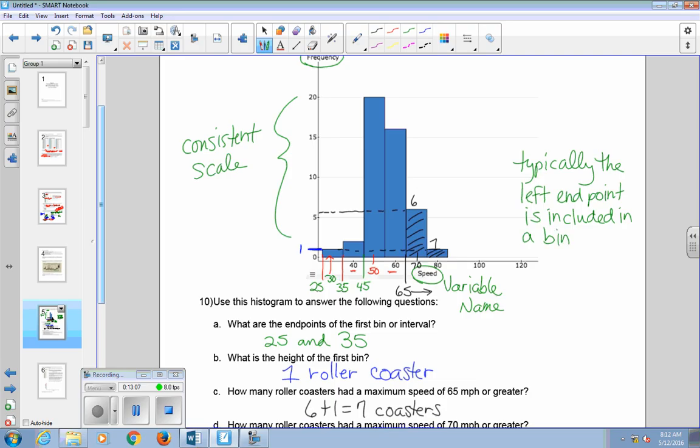So if we look at this last bin, let's say right here, that goes from 75 up to 80. That means it includes the speed 75, 76, 77, 78, and 79. 80, if there was a speed of 80, would be included in the bin to the right. So again, typically the left endpoint is included in a bin, but the right-hand endpoint goes with the next one.